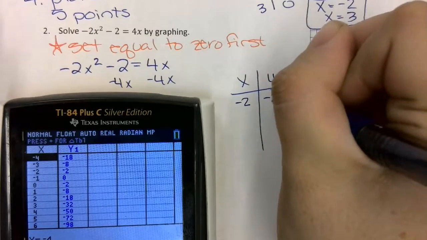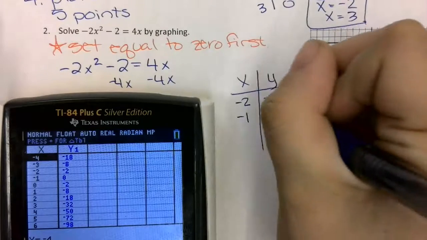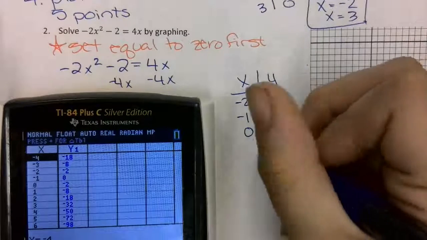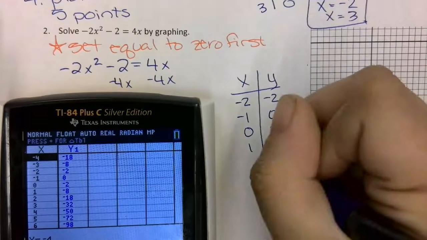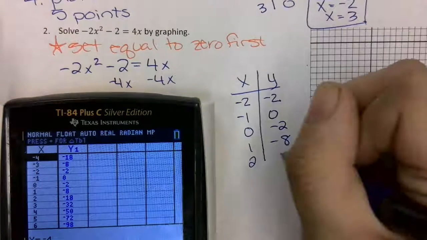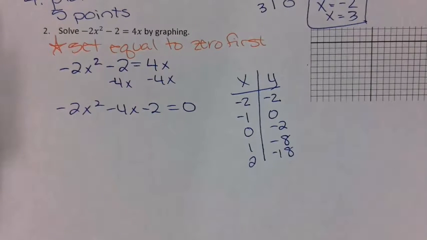Zoom out, and then press enter. Well, then zoom 6 turns it back to the way it normally should be.